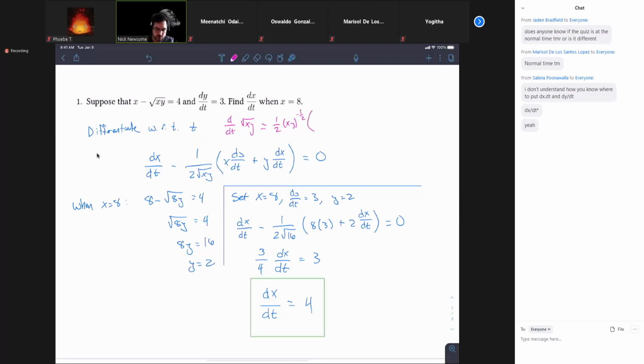And then chain rule kicks in and says we have to take derivative of the inside, so the derivative of this product, and then we have a product rule. So product rule says you take first one multiplied by the derivative of the second one, but the derivative of the second one involves a dt, so we have a dy dt.